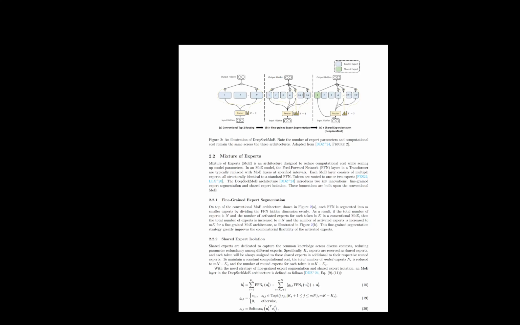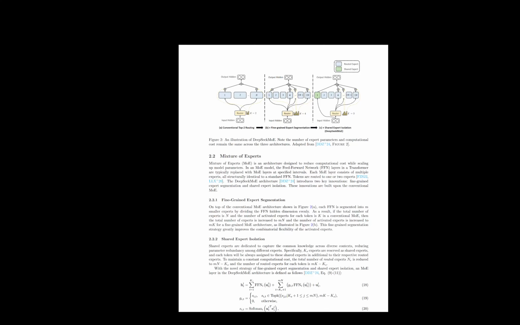2.2 Mixture of Experts (MoE) is an architecture designed to reduce computational cost while scaling up model parameters. In an MoE model, the feed-forward network (FFN) layers in a transformer are typically replaced with MoE layers at specified intervals. Each MoE layer consists of multiple experts, all structurally identical to a standard FFN.